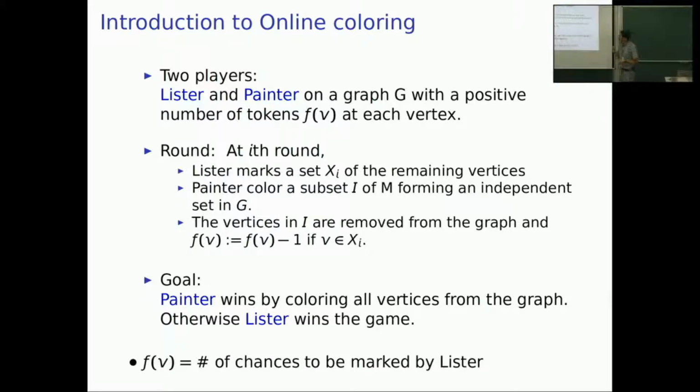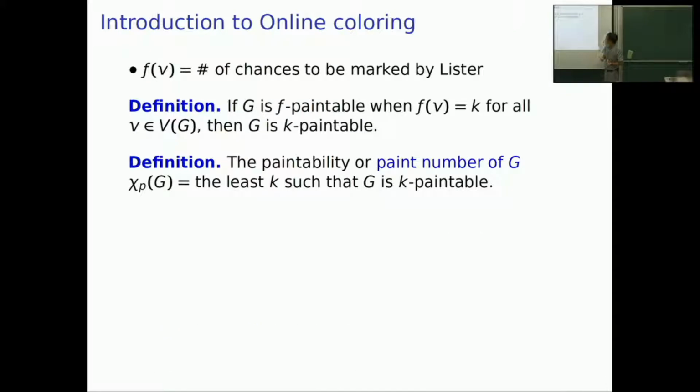The painter wins this game if he colors every vertex, and otherwise the lister wins. So the key point is, f of v is the number of chances to be marked by the lister, and the paint number is the number k such that the painter always has a winning strategy.